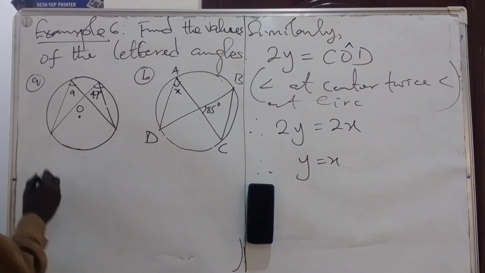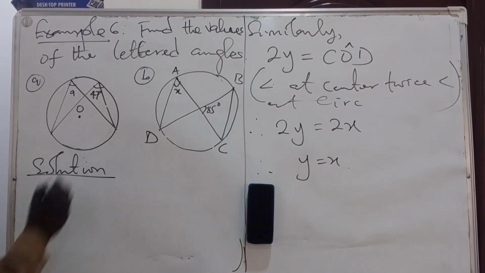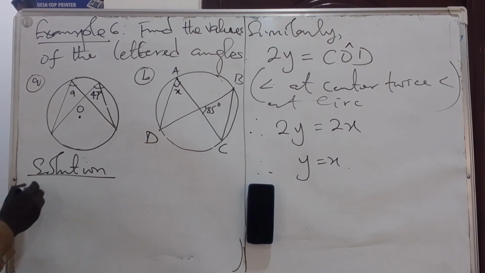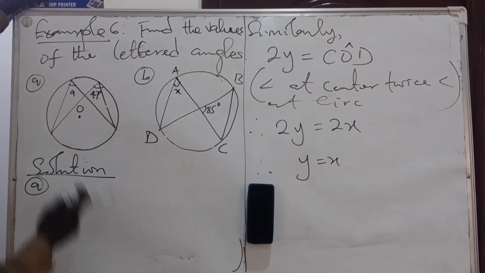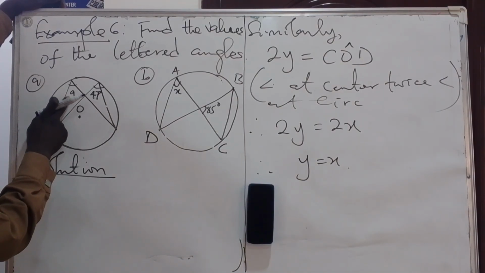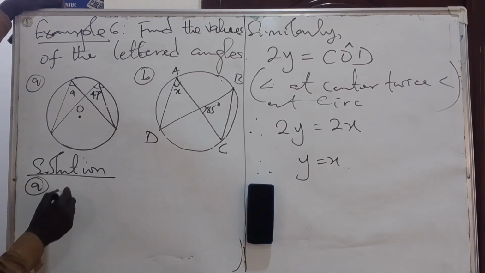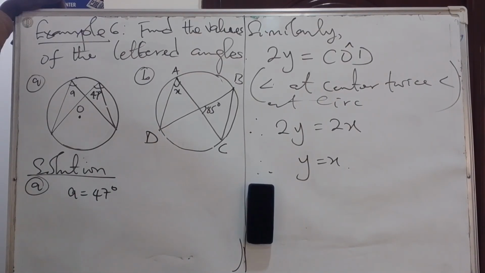Okay, the solution. Let's start with A. Directly, we can apply the theorem and just say angles in the same segment are equal. So directly A is equal to 47 degrees. Why?